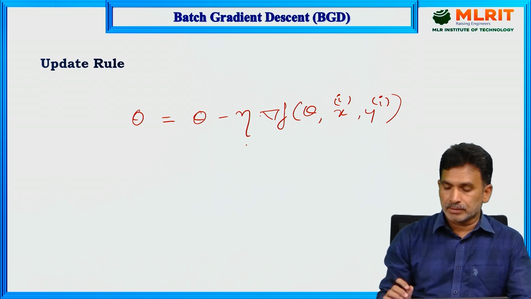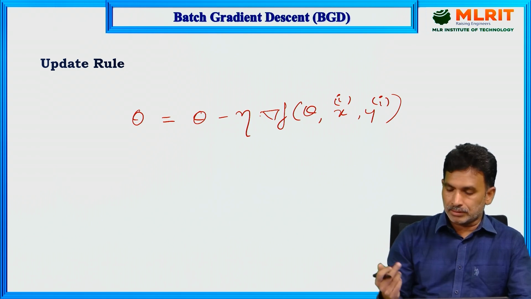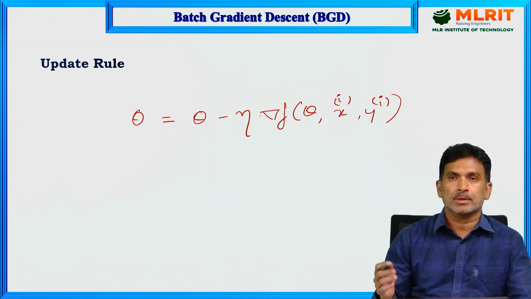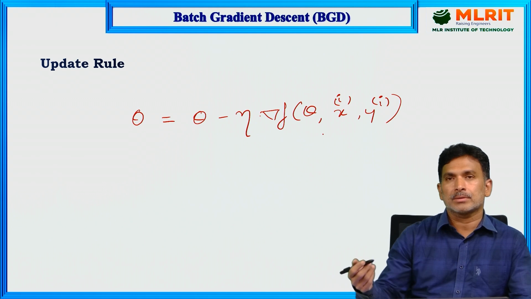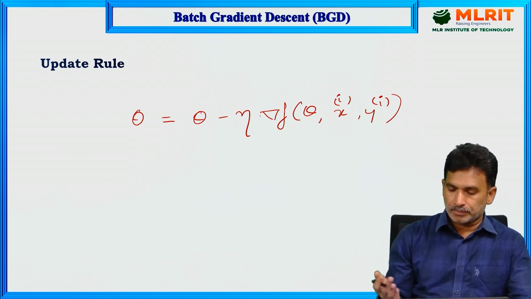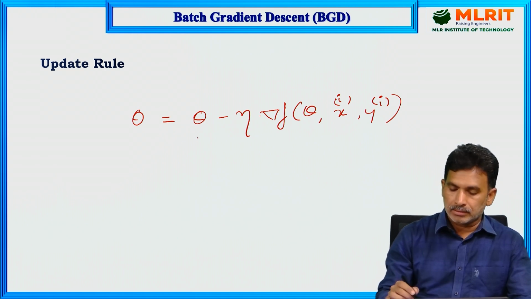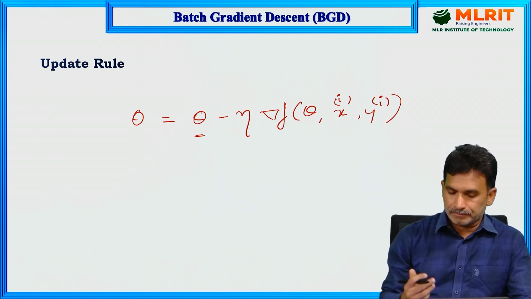We have already discussed the impact of the learning rate, and in this lecture also we will discuss it a little. And this is the gradient of the cost function, that is, the loss function. The loss is calculated based on the expected output and the actual output, and then we have the gradient, the learning rate, and the parameter that needs to be updated.